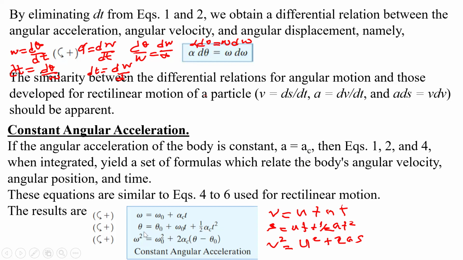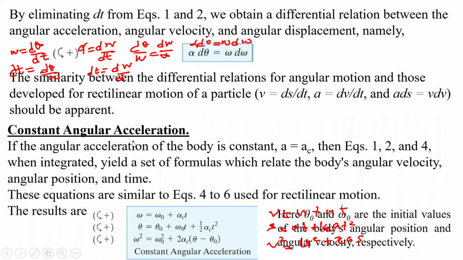Then omega square, the final velocity, is omega naught square plus 2 alpha c (theta minus theta naught). Theta naught is the initial position, while theta is the final angular displacement. So this is only useful when you are looking at constant angular acceleration.